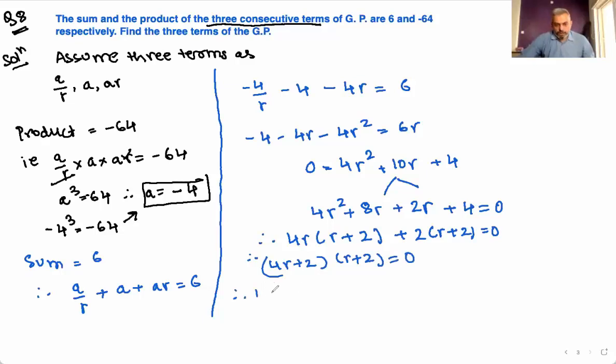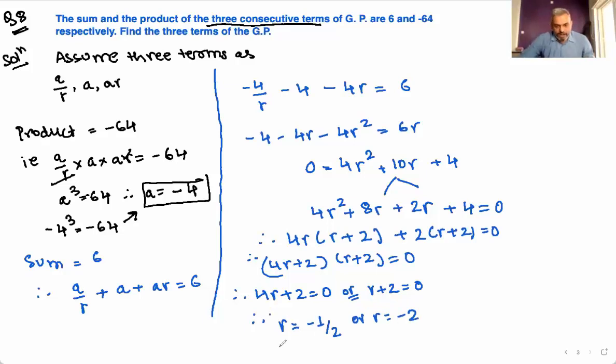Therefore, 4R plus 2 is equal to 0, or R plus 2 is equal to 0. Therefore, R is equal to minus 1 by 2. How did it come? 4R is equal to minus 2, the plus 2 goes to the right hand side and becomes minus 2. So minus 2 upon 4 is minus 1 by 2, and R is equal to minus 2.